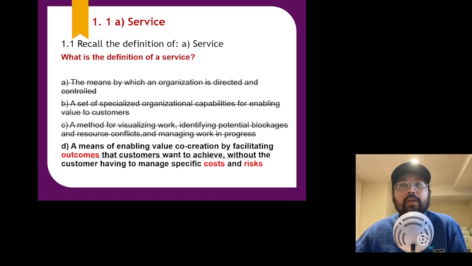And this is a very common question, I would say. What is the definition of service? It comes in various forms, like what are the key points related with the service. Then you will see outcomes, cost, and risk. These key points are mentioned in the answer, so you have to select.